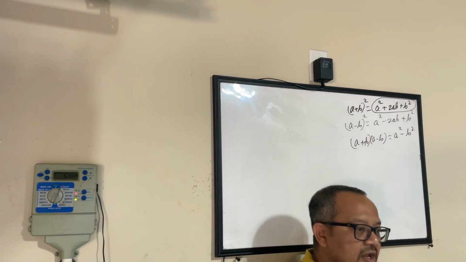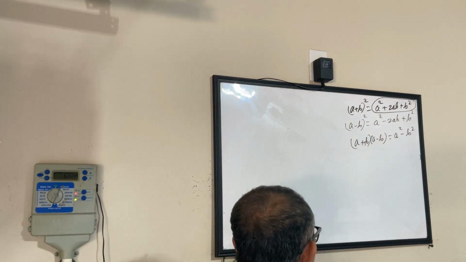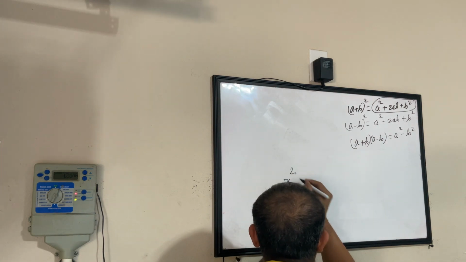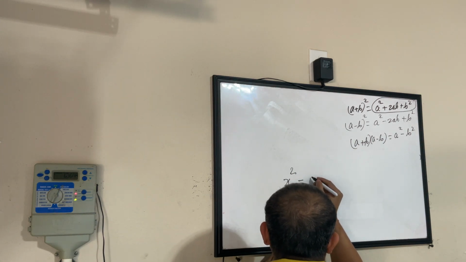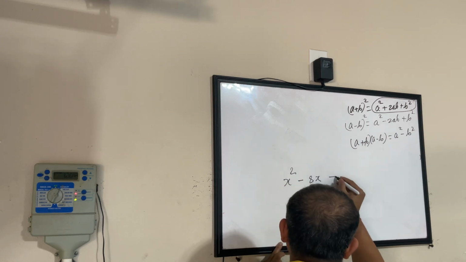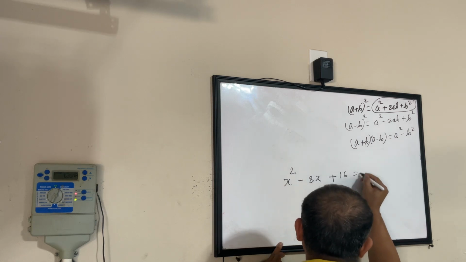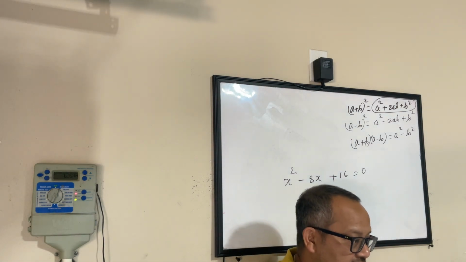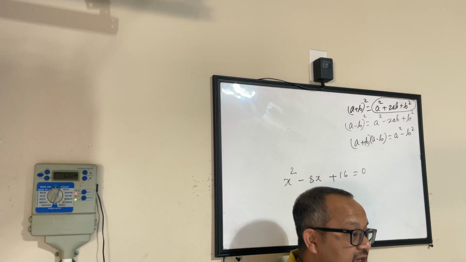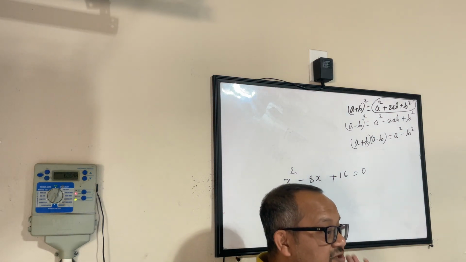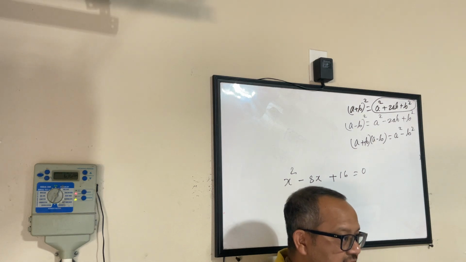Okay. Now if I say I have an equation x squared minus 8x plus 16 equal to 0. I know we have not solved the quadratic equations, okay? And you guys might be thinking, okay, what this guy is up to. I'm just showing you the power of this, okay?